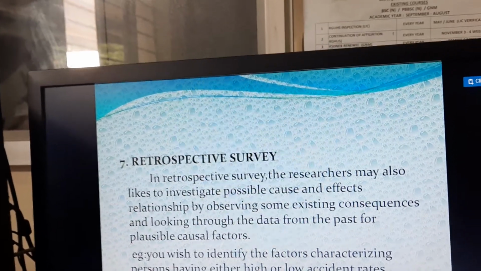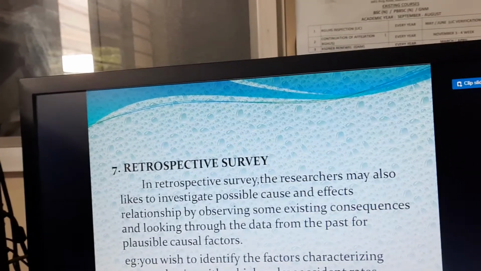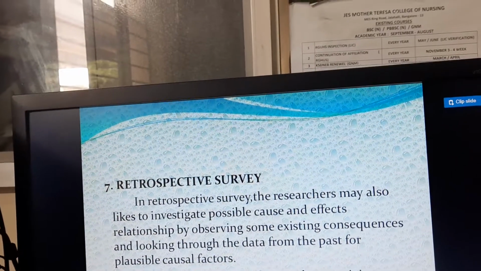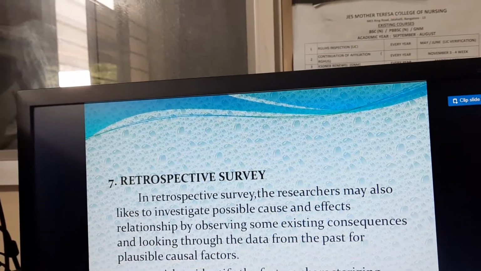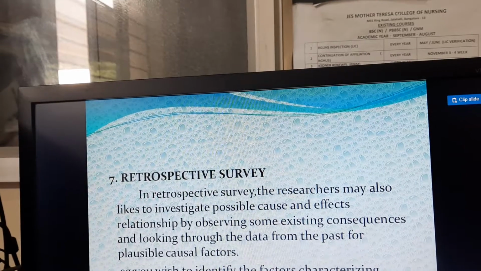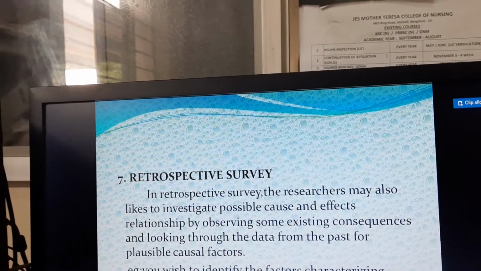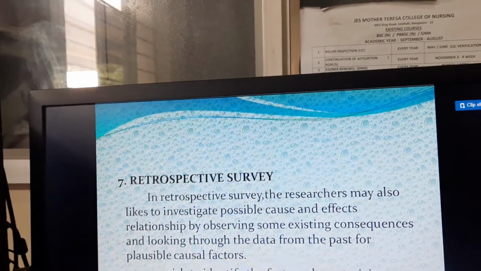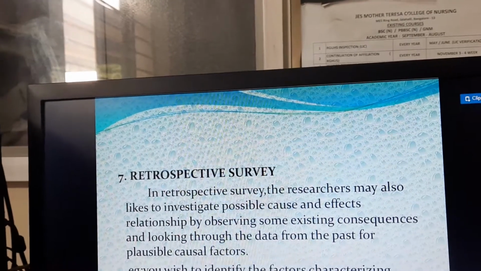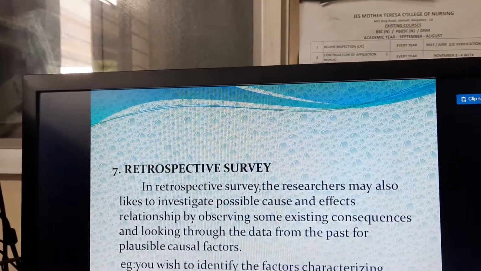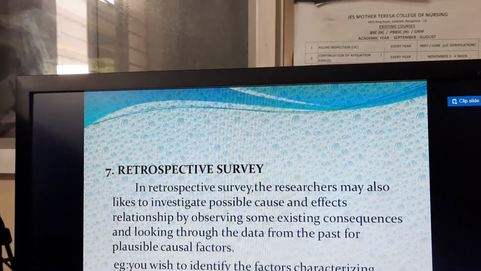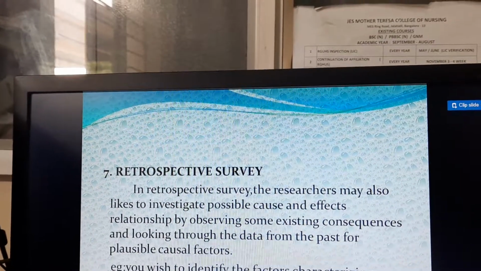Then the next one is a retrospective survey. In a retrospective survey, the researcher may also like to investigate possible cause and effect relationships by observing some existing consequences and looking through data from the past for plausible causal factors.